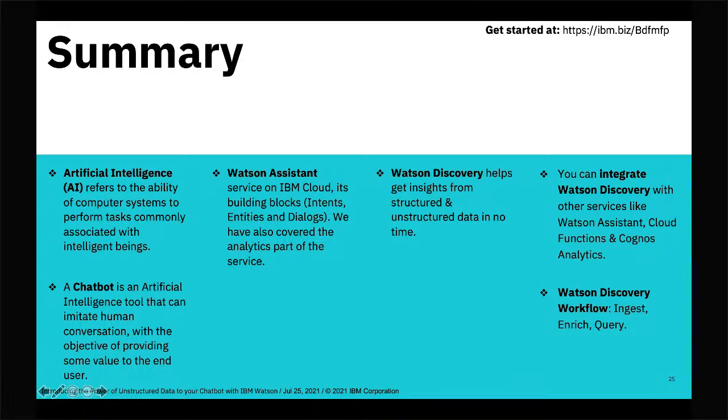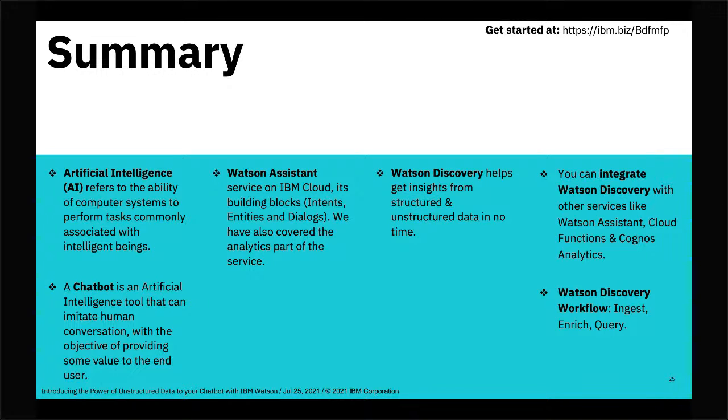Okay, so let's move on to our summary. Thank you all for joining us today and I hope you learned something new. As a summary, we talked about artificial intelligence, which is the ability of a computer system to act and mimic human actions. We talked about the common misconception that it's supposed to replace humans, but AI is supposed to augment or enhance our abilities.